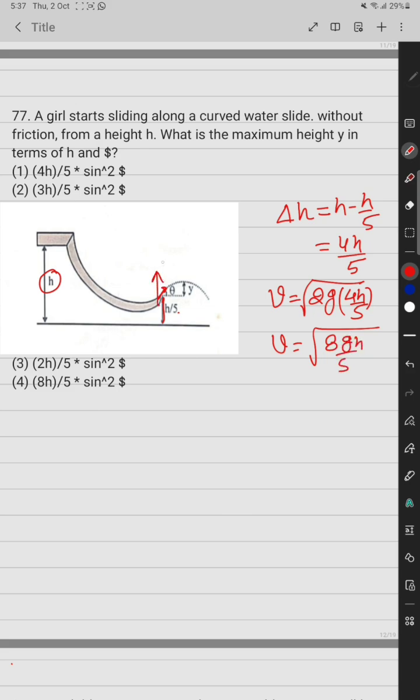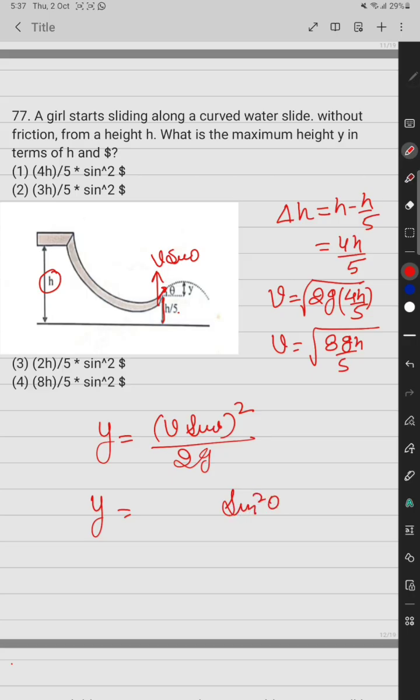In this situation, the velocity in the upward direction is v sine theta. Then we know the vertical height y equals v sine theta whole square divided by 2g. So y equals sine square theta, and v square is 8gh by 5.